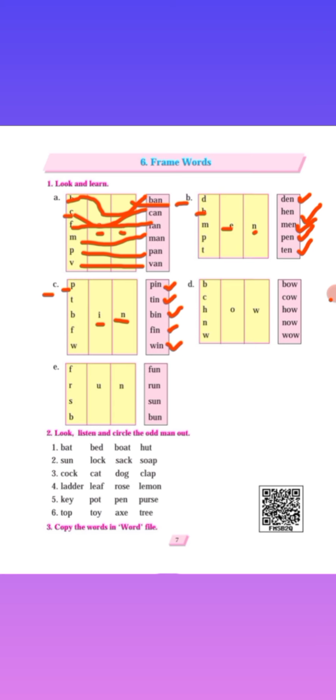We have to read like this, bow. But COW is cow. Then HOW is how. NOW is now and WOW is wow. But we have to read BOW as bow.